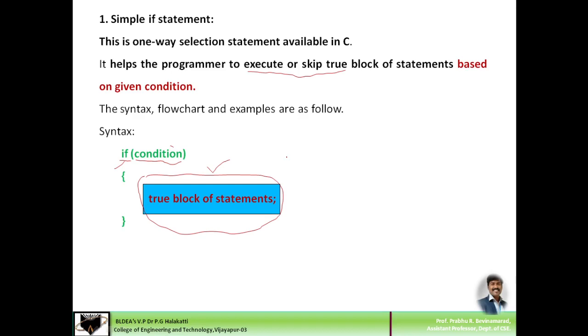If the condition is true, some set of statements will be selected for execution. Suppose the condition is false, we don't want to do anything. Okay, so what happens after that? Some statements will be there after this if block, so those will be executed by default. Let us look at the flowchart.